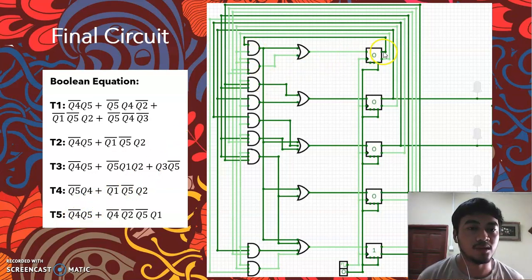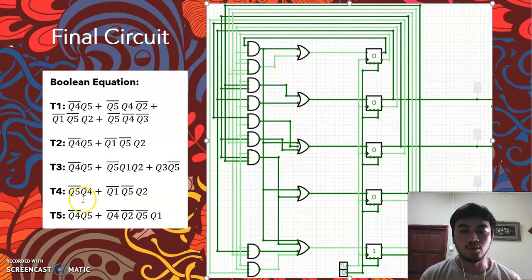So Q5 connects with the AND of not Q4. So this is not Q4, not Q4, not Q4. So basically this is the AND of Q5 and not Q4.